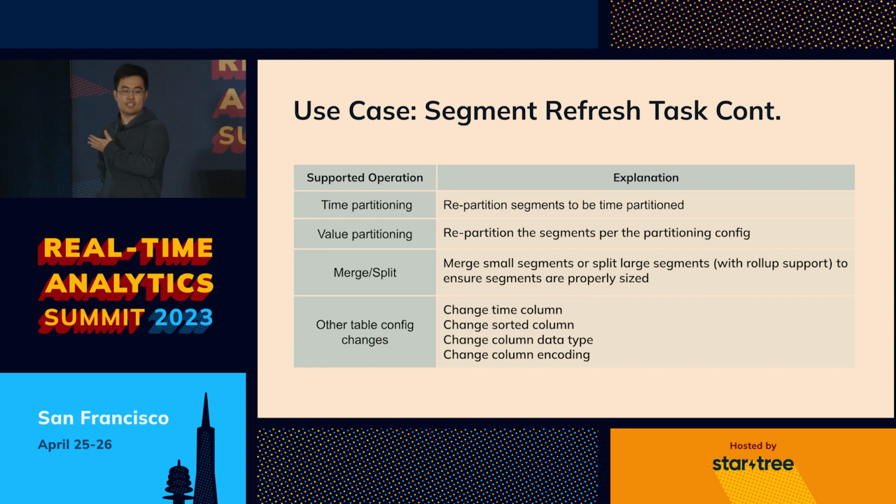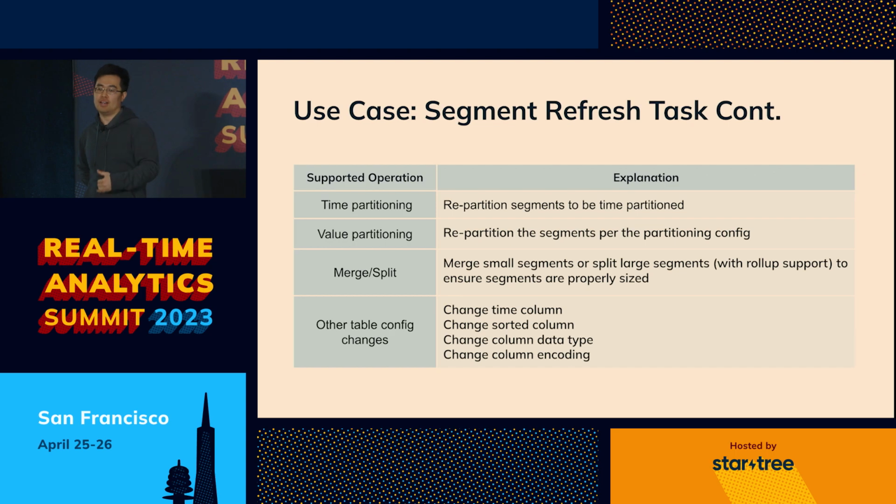And here is a list of operations that can be done by the segment refresh task. It can do time partitioning. It can do value partitioning. It can also do some merge and split work, even after the data has already been ingested into the Pinot table.